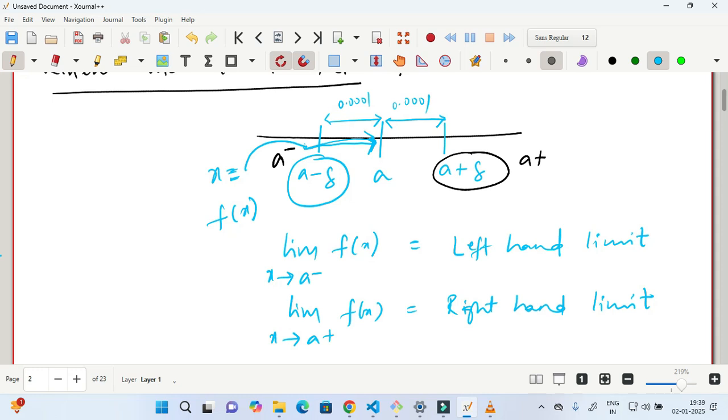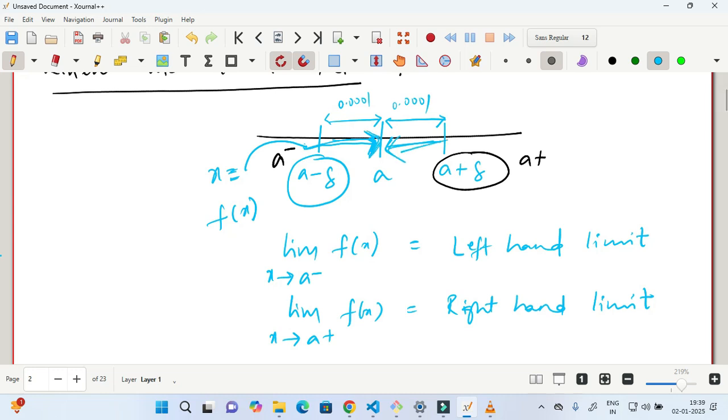If x is approaching a from the right hand side, so it is a plus, then it is the right hand limit. So this is tending from LHS and this is tending from RHS.